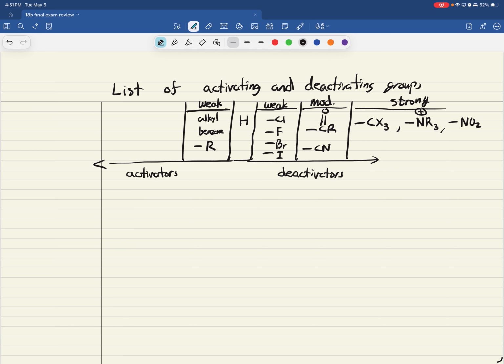Okay, what are moderate? Yeah, a nitrogen lone pair, but what's also attached to it? Moderate means you still can donate, but you have counter resonance in another direction.